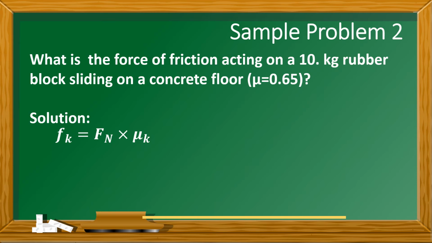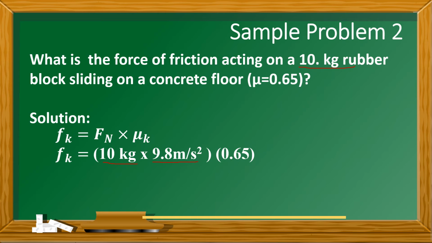The normal force can be computed by multiplying the mass, 10 kilograms, by the acceleration due to gravity, 9.8 meters per second squared. That's F sub n, multiplied by mu k.